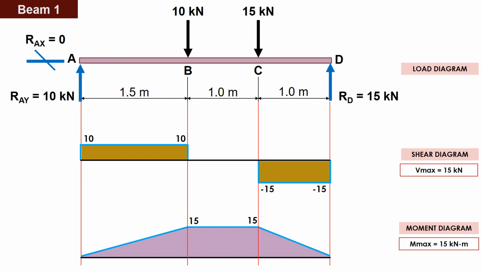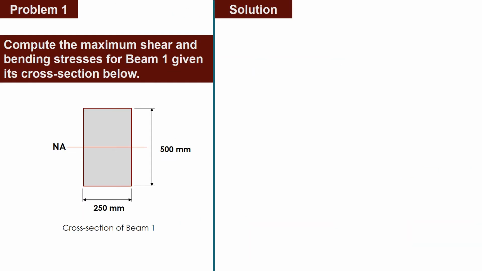So, we will get the maximum shear stress and maximum flexure or bending stress for this. We will use two options: the formula for maximum stresses and the general formula. For problem 1, we will compute the maximum shear and bending stresses given beam 1 and its cross-section.